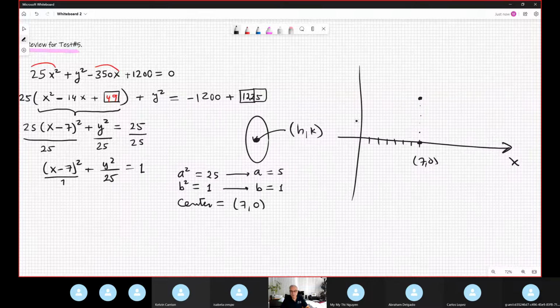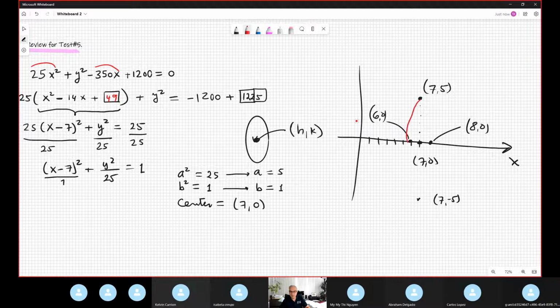We have one point here, vertex 1, which is 7, 5. And downward is 7, negative 5. And B is 1, so we have the endpoints of the minor axis at 8, 0 and 6, 0. Our ellipse approximately looks like that.